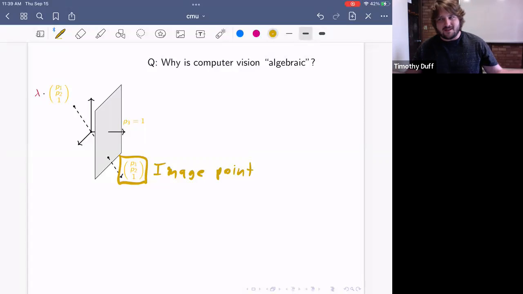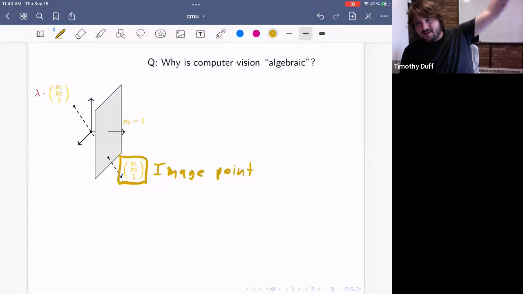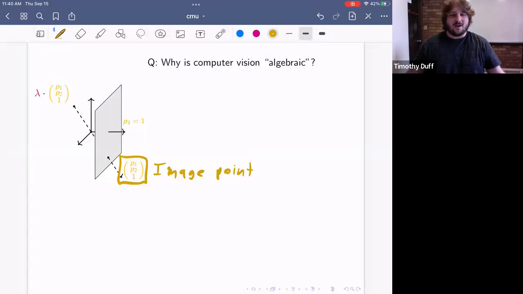And how exactly do these points come to you in an actual image? Well, there's a whole bunch of image processing that tries to look at patches and gradients and say, this is a point that might be reflecting an actual point on a 3D object somewhere in the world. But for us, this is just some geometric entity.